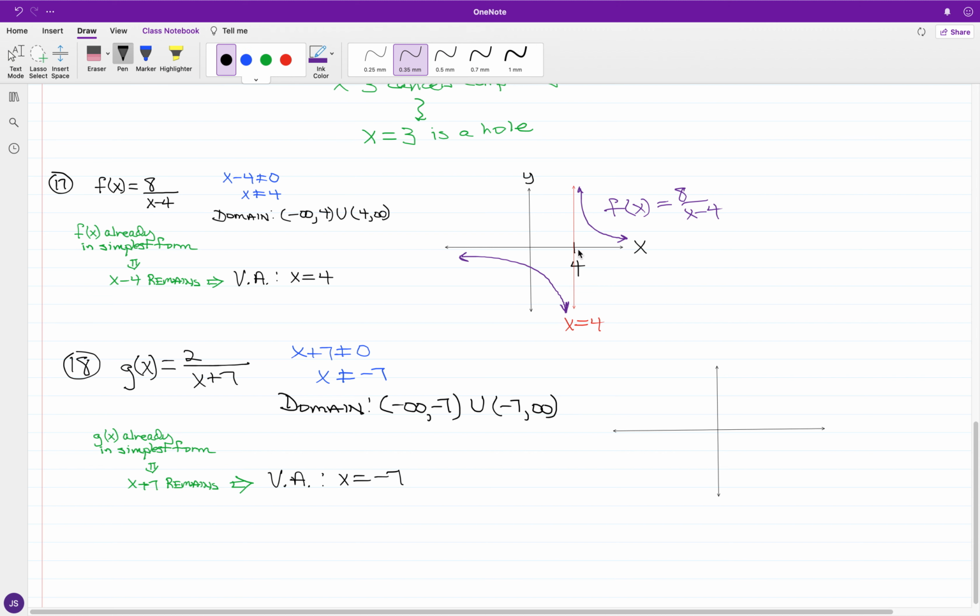Alright, so just looking at what we have once again. So we have a vertical asymptote at x is equal to negative 7.